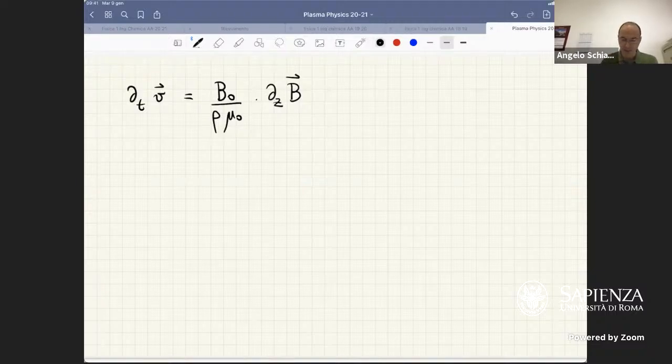So this means that this part of the equation is for the X and Y components.